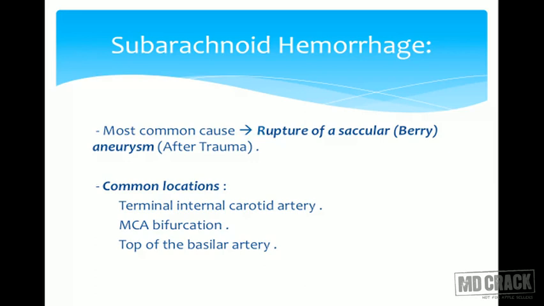Your terminal internal carotid artery, MCA bifurcation, and top of the basilar artery are the commonest locations where you will see subarachnoid hemorrhage. I want to include aneurysm of the anterior cerebral artery in the commonest locations as well. So if you have the option of aneurysm of the anterior cerebral artery, you may tick it as a commonest cause of subarachnoid hemorrhage. So again, it's the terminal internal carotid artery.